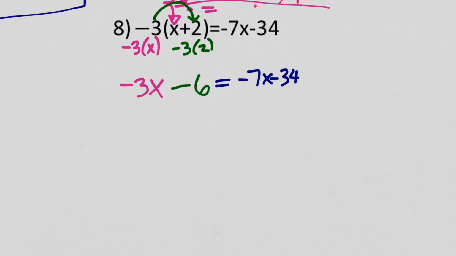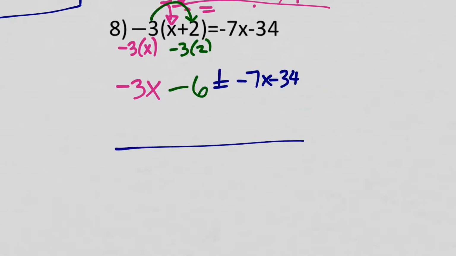Now this looks similar to question 7, where I had to move my x terms. So the smallest x is negative 3x or negative 7x? Well, it's negative 7x, because negative 7 is farther away than 0. So the farther the negative is away from 0, the smaller it is.